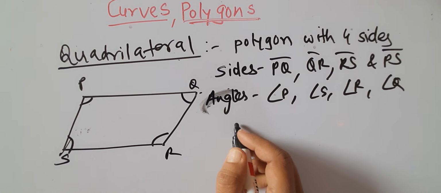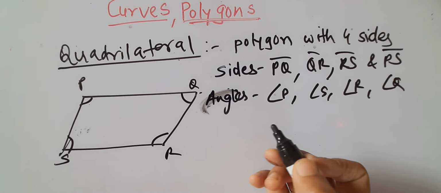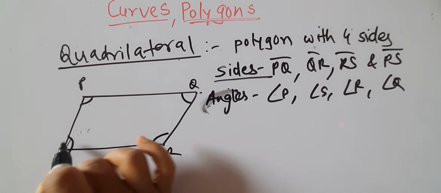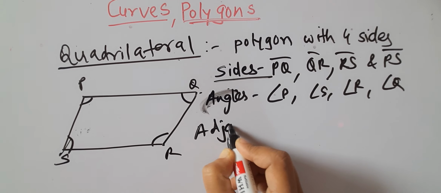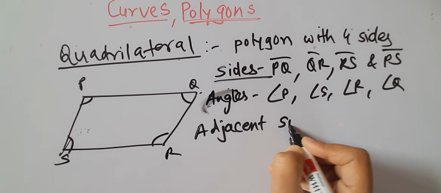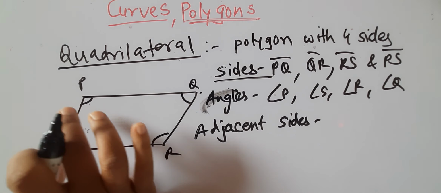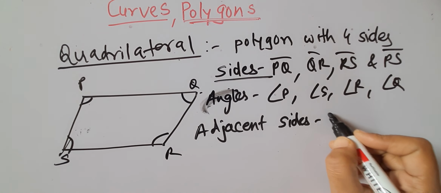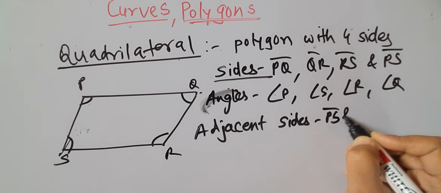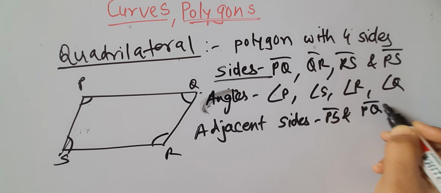Now we have seen what sides are. So PS, SR, these are all sides. Now we have adjacent sides. What are adjacent sides? Sides which have a common vertex are known as adjacent sides. So here PS and PQ are adjacent sides.